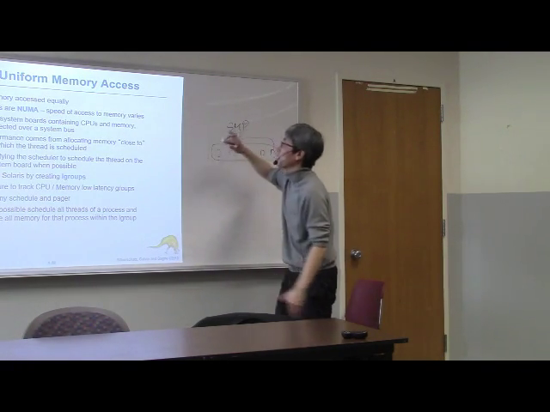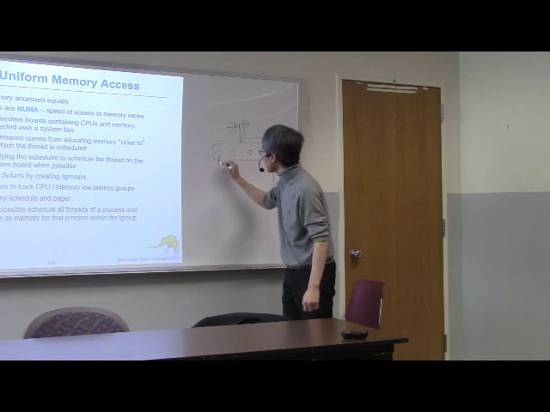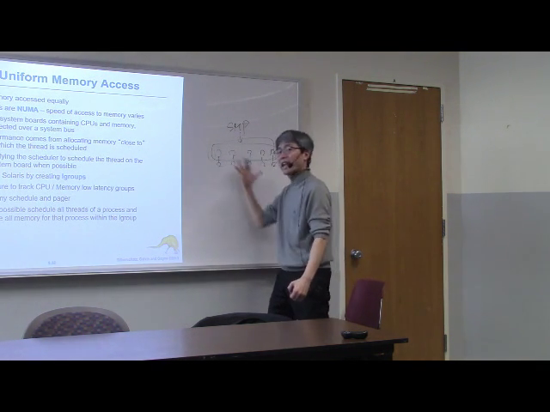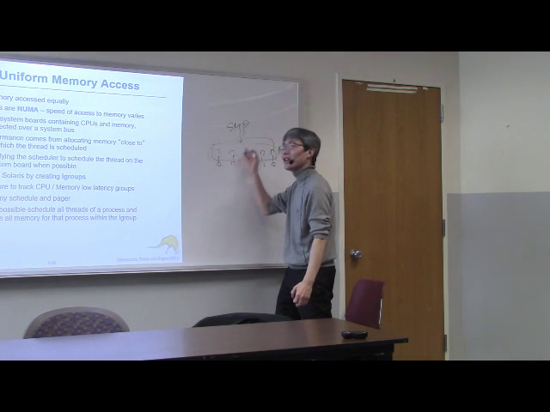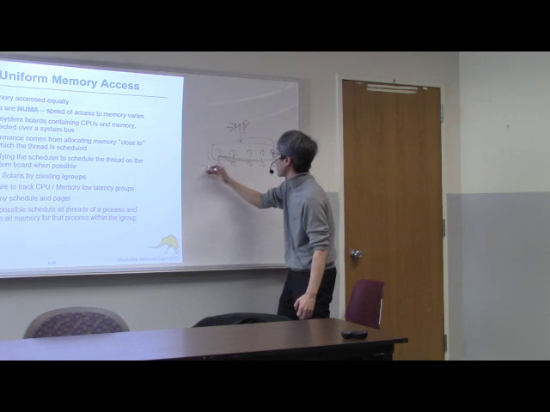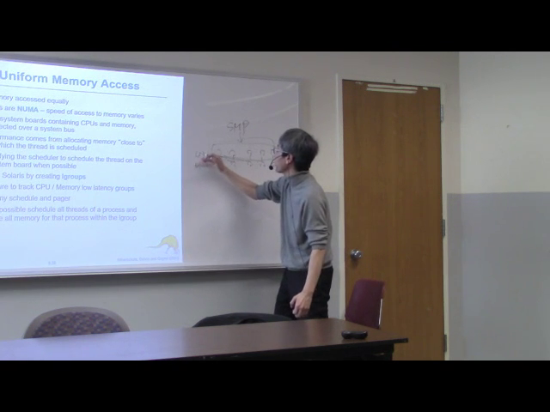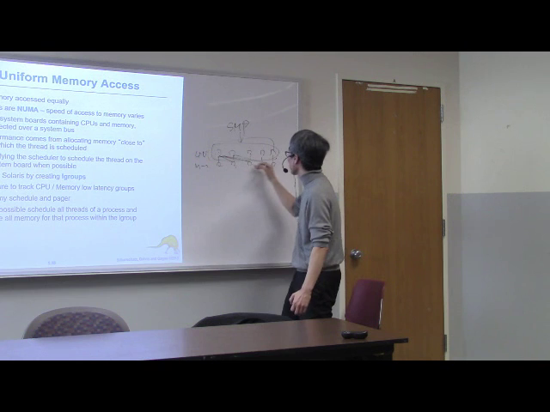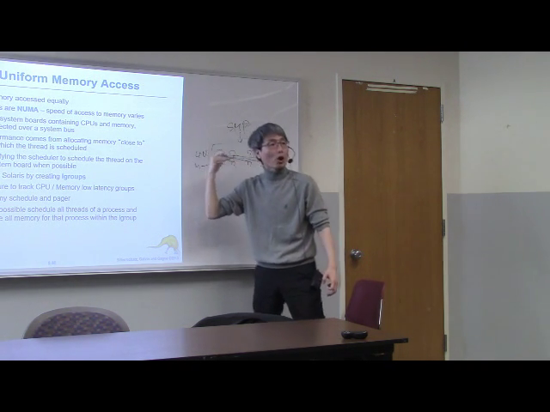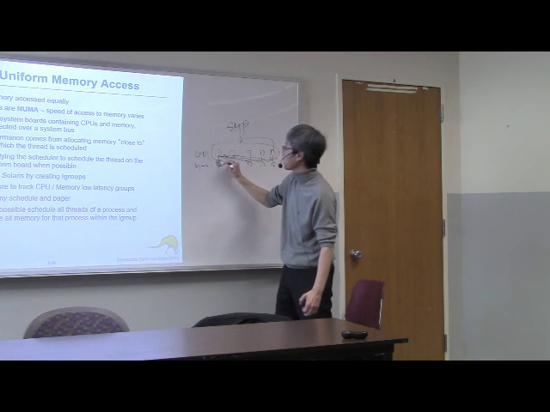So in the NUMA architecture, each CPU has its own affiliated memory, not dedicated, but affiliated, but you can still access other memory. This is the memory level, this is the CPU level. However, this one has the most priority. Your updated data will be here.